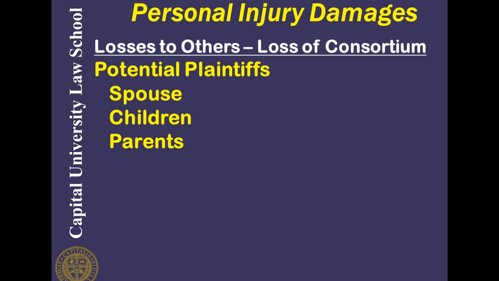That is, they have lost the enjoyment, the companionship of their children. And in some jurisdictions, this is even extended to grandparents who have lost their grandchildren. So you can see it can run close and as well far afield.